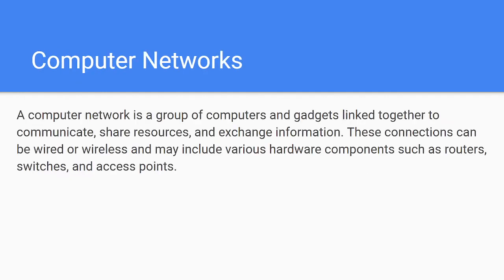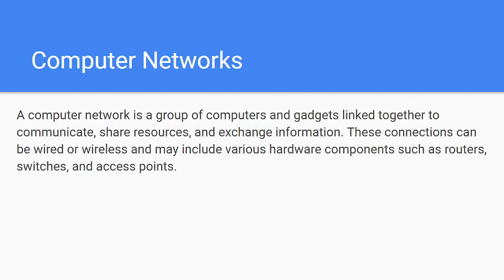Alright, so what is a computer network? I'm sure you have heard about computer networks once in a while, but let's just break it down. A computer network is a group of computers and gadgets linked together to communicate, share resources, and exchange information.